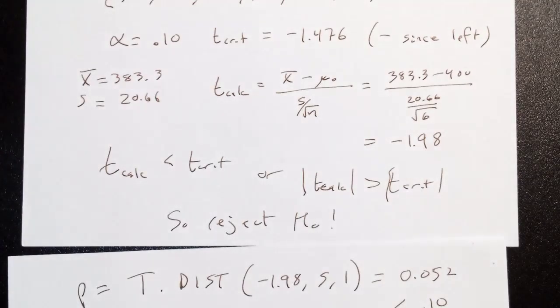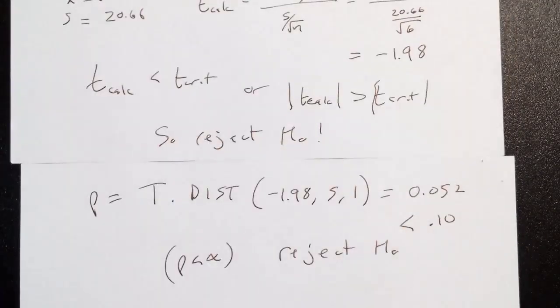Half low, half high, in which case I would need P to be bigger than 0.05. And that number is bigger than 0.05. If we choose a two-tailed test, we're actually passing that test. If we choose a one-tailed test, we're failing that test.